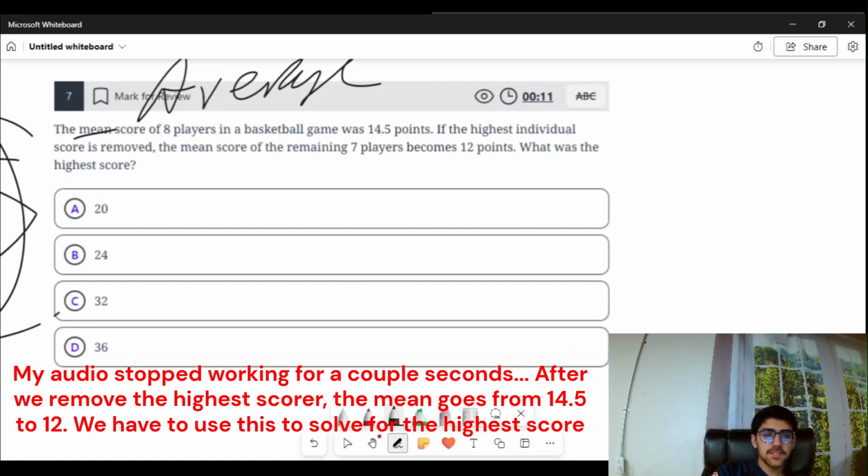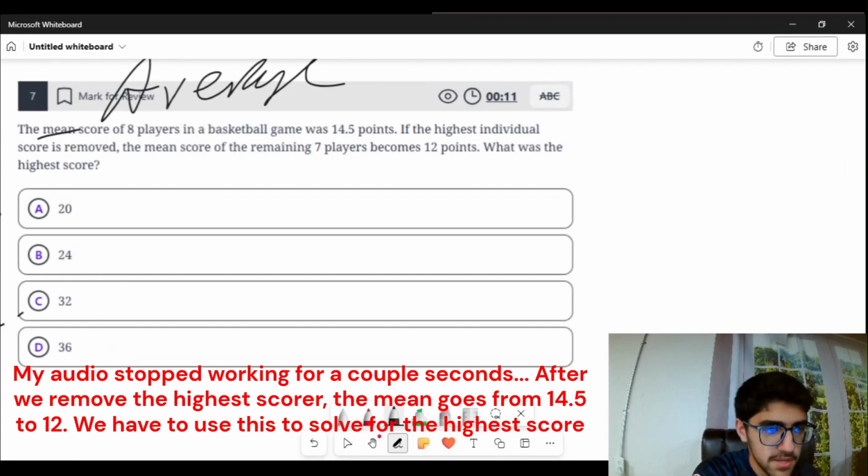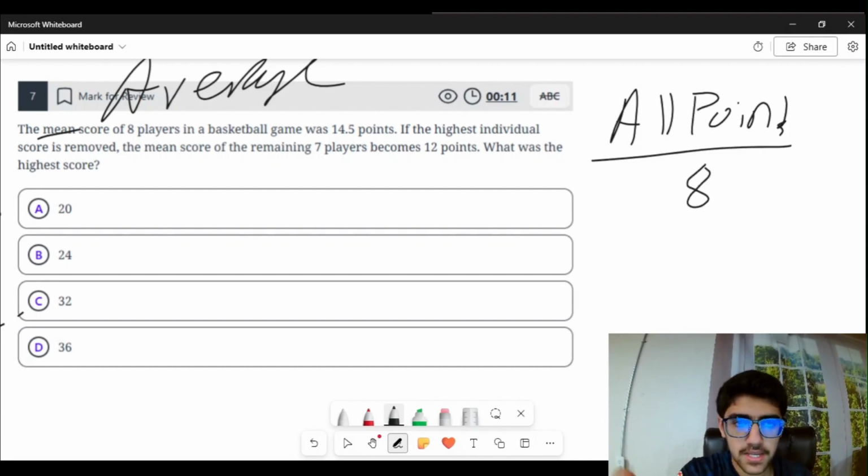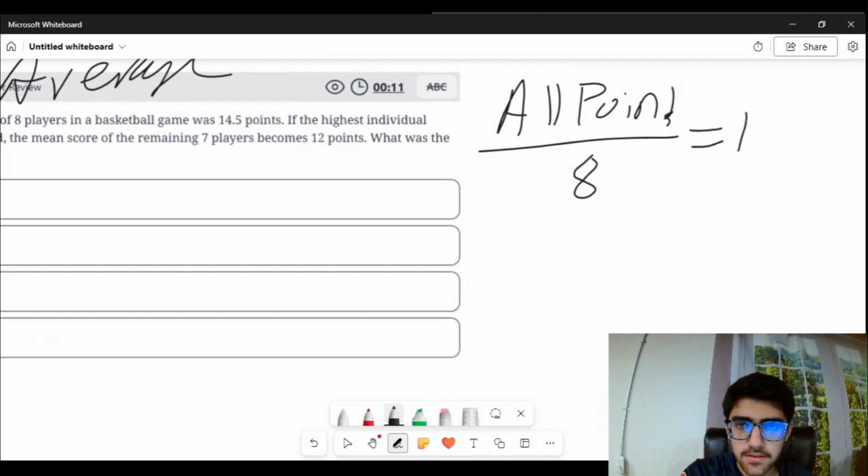So here, you have to just understand the relationship. The mean is basically that you add all the points from all the players. So all points divided by 8 is equal to 14.5, right?